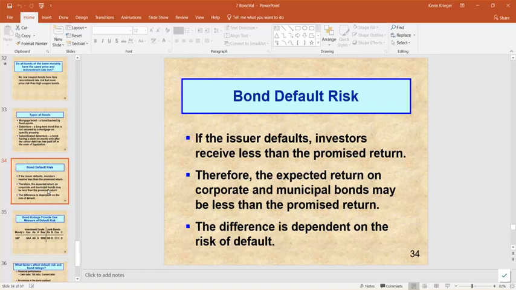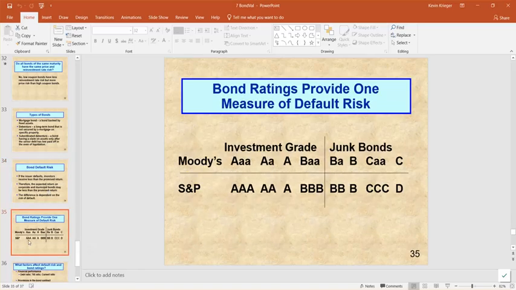A lot of times when bonds default or fail, the bondholders at least get something back, but how much you get back depends on how subordinate versus how senior you are. Let's see what else. The line between investment grade and junk, I think we've talked about this before, is a big one.